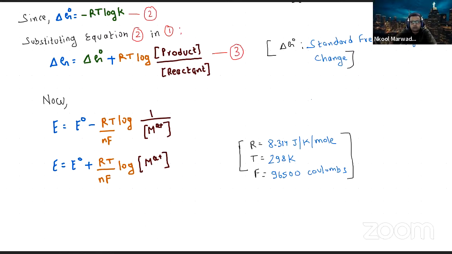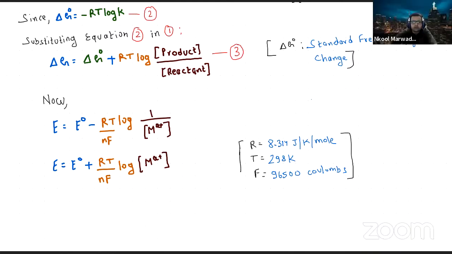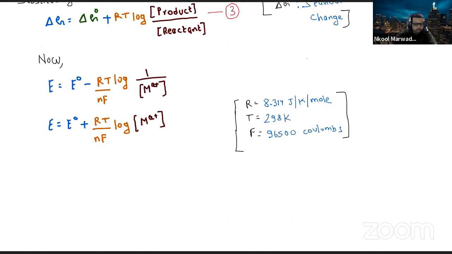Now what we can do is simply substitute them in the equation, and when we do that, we will get the Nernst equation.